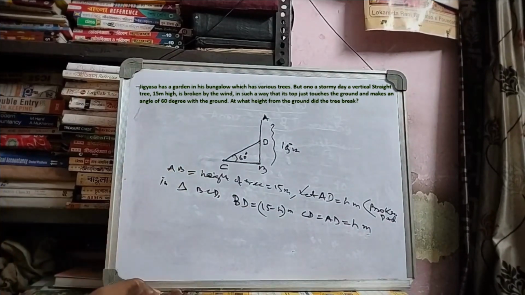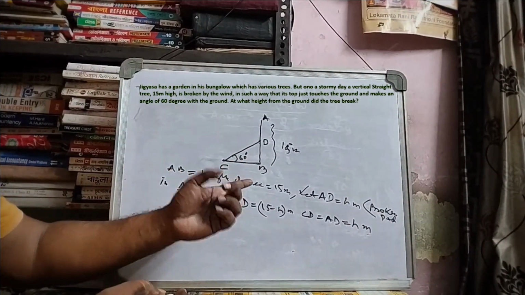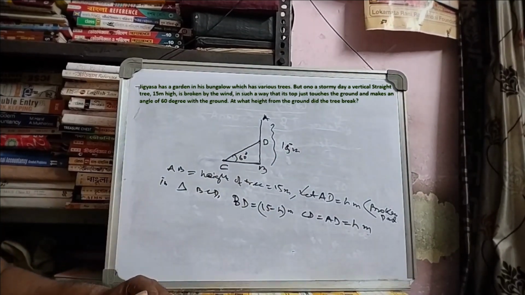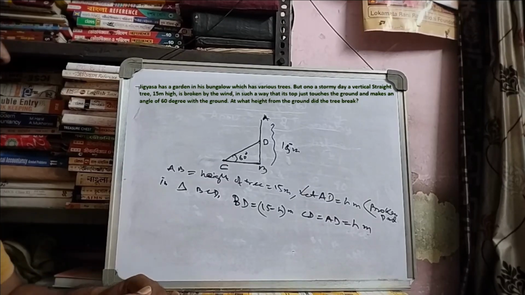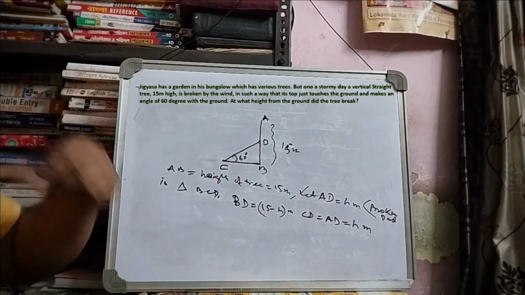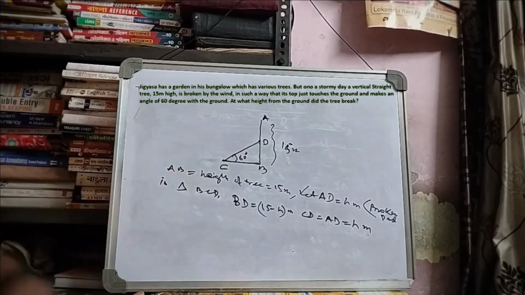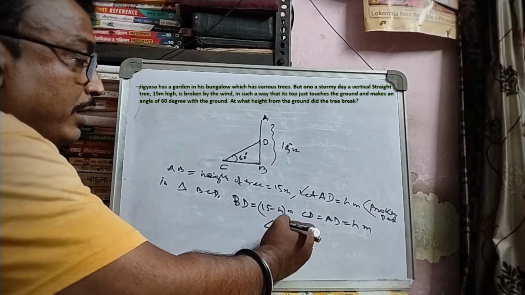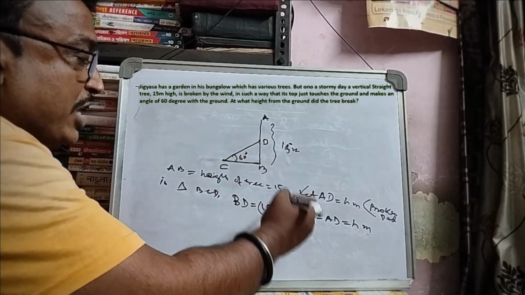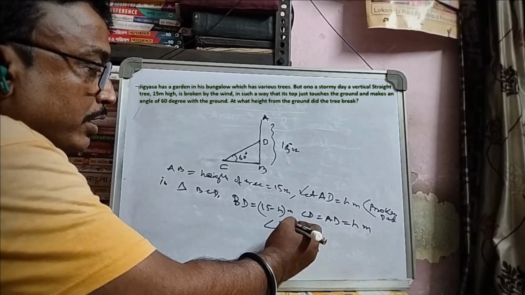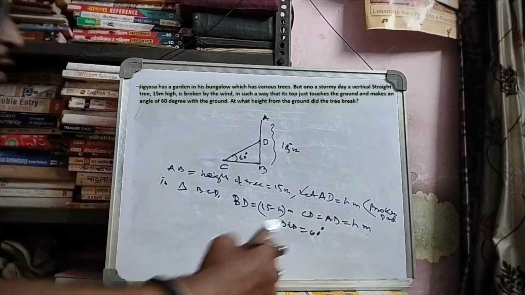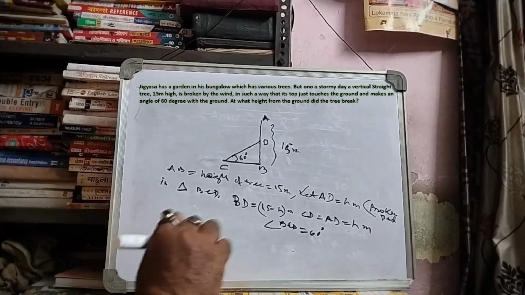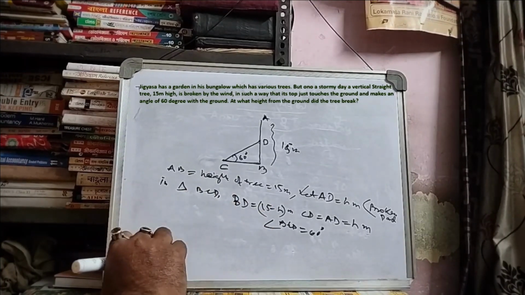We can't take BC because if we take BC as x, y, z, then there will be two unknown values and it will be difficult to calculate the broken part here, the distance of touching the ground. Okay, now the angle where the broken part touches the ground is BCD, which is equal to 60 degrees. Here is the process to find out the value.